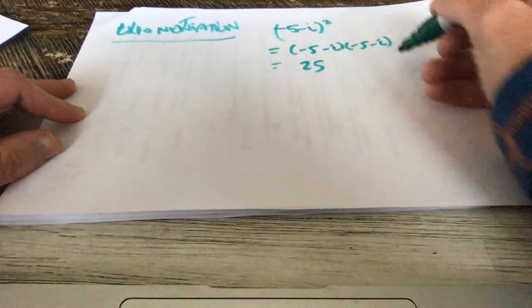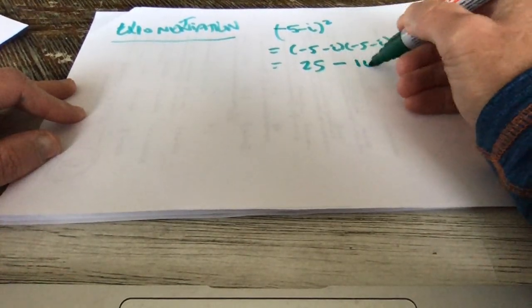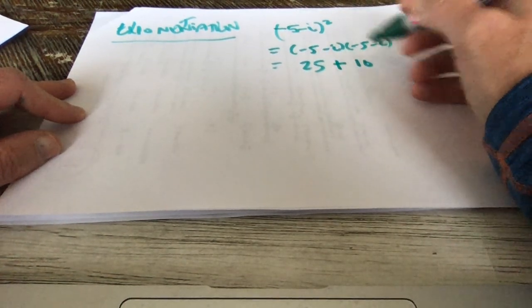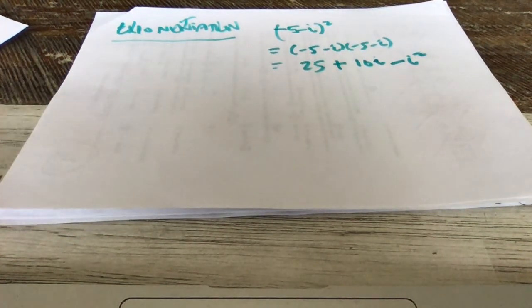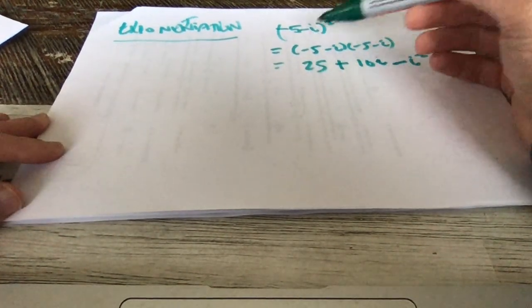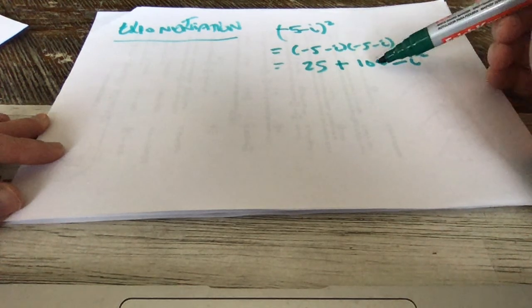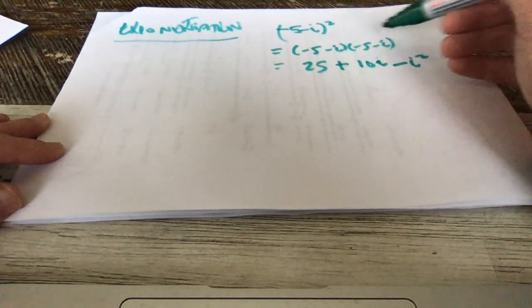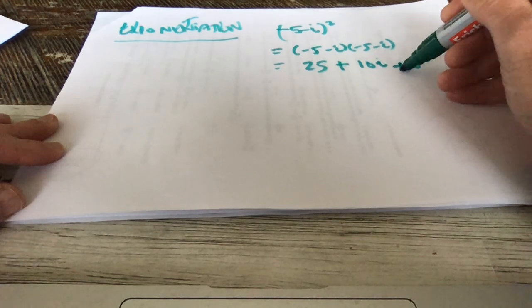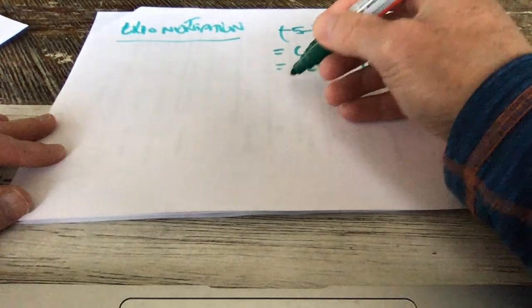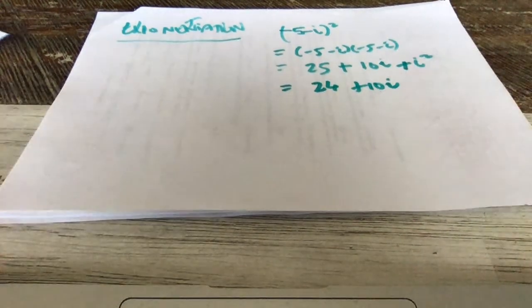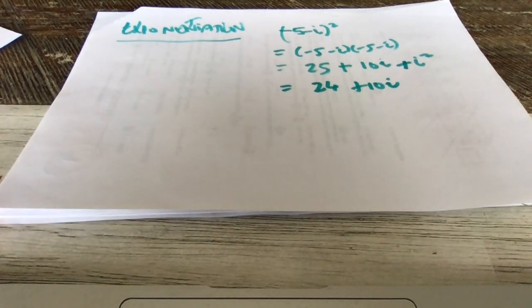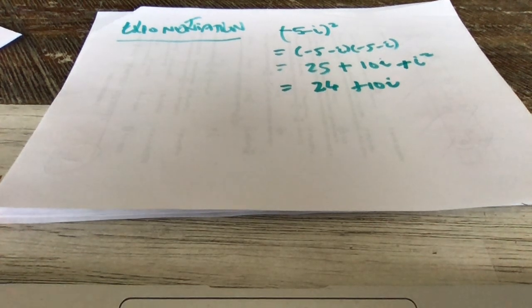Then you get 25 plus 10i, and then minus i squared. Hopefully I've been careful, but maybe not. So it's 25, plus 10i here, and then minus by minus gives you plus i squared. And i squared is minus 1, so I think you get 24 plus 10i. Just make sure that I'm doing that correctly, folks. I think that's okay, but you do have to be careful with the minus signs. All right, so that's fine.